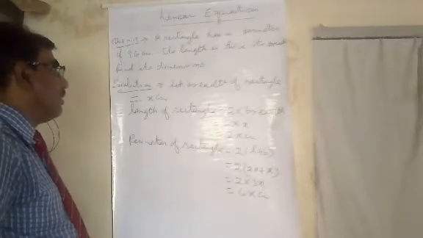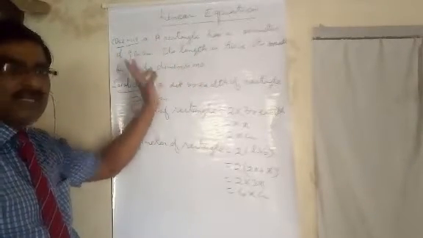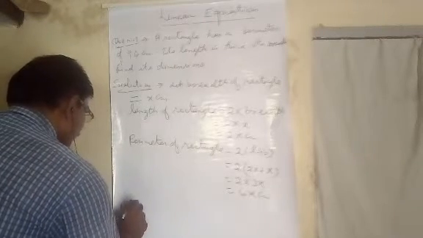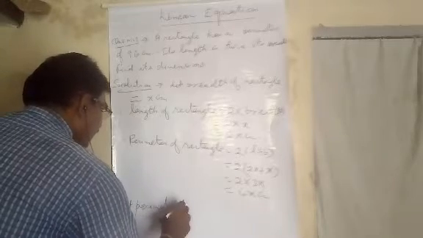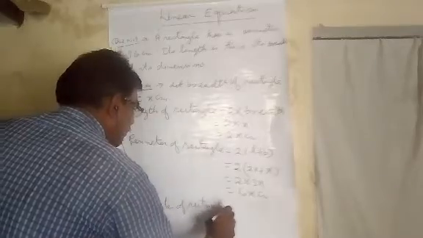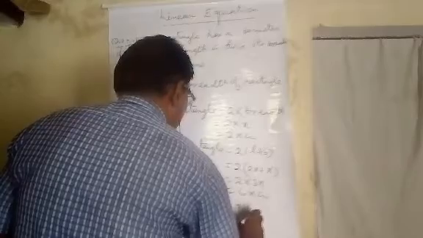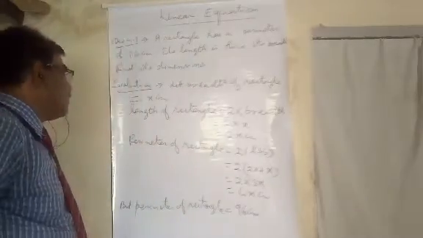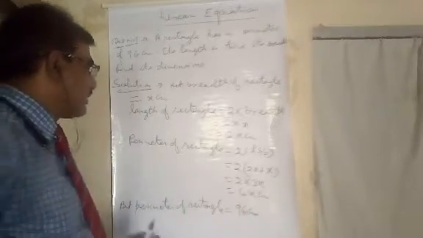But the perimeter of the rectangle is given as 96 centimeter. So I will equate this perimeter of rectangle and that perimeter of rectangle.